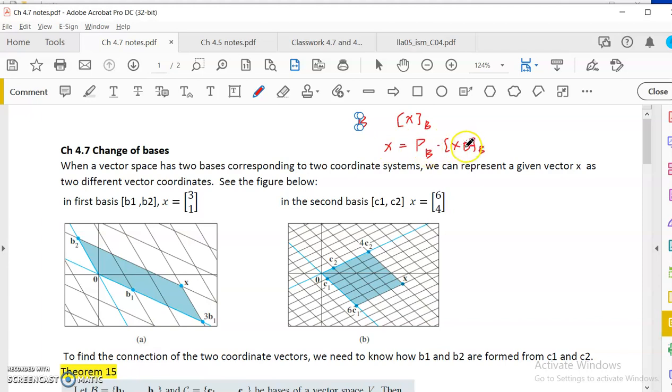And if you have this and you want to find the original standard notation, you just multiply. So that's what we left off in 4.4.